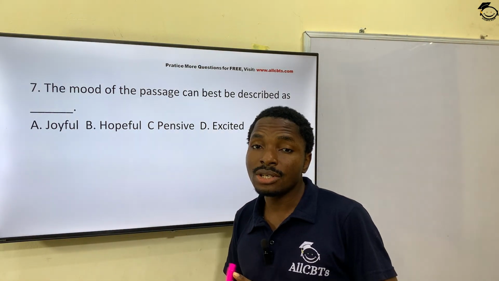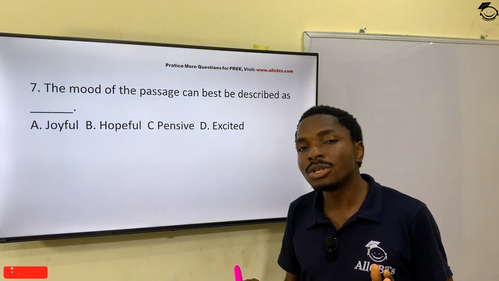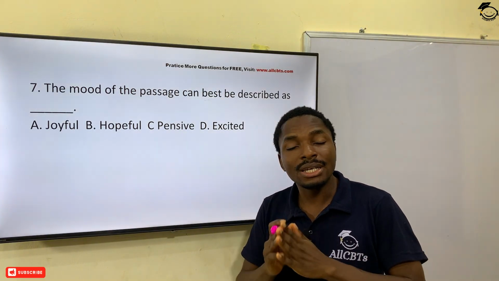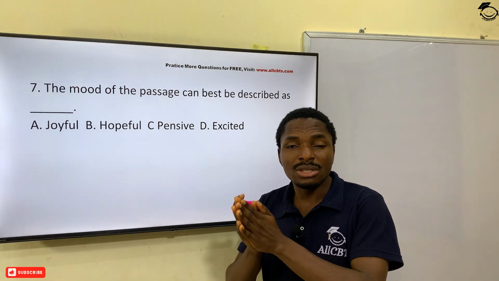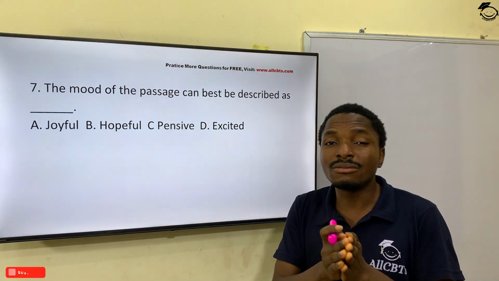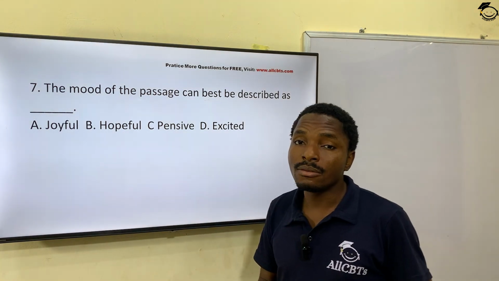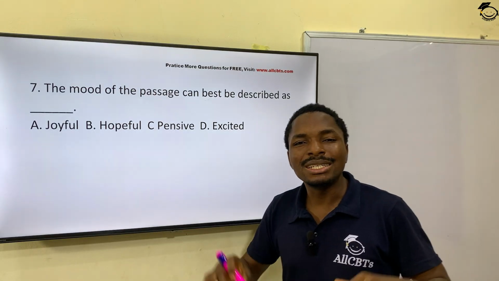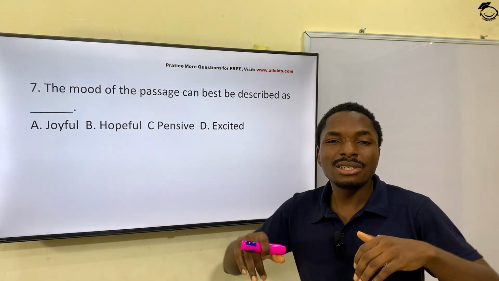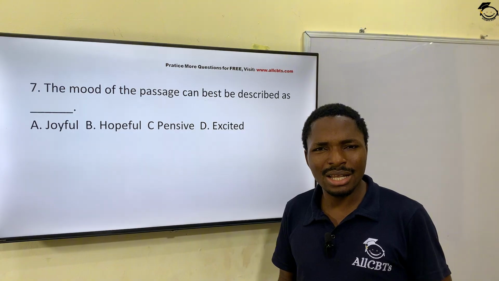In English language, if you don't know the meaning of a word, you'll find difficulty in getting the answer to it. So the first thing you want to know is try to get what the meaning of that word is. So what's pensive? Pensive is a state of being in deep thought, like critical thinking.